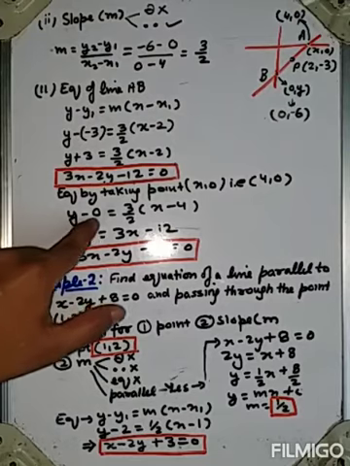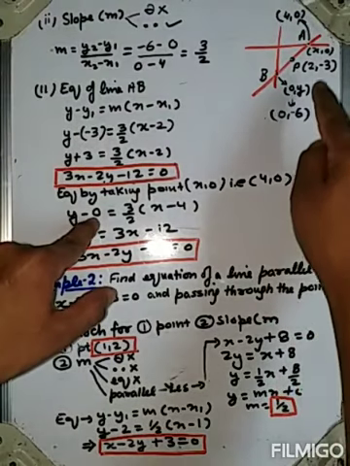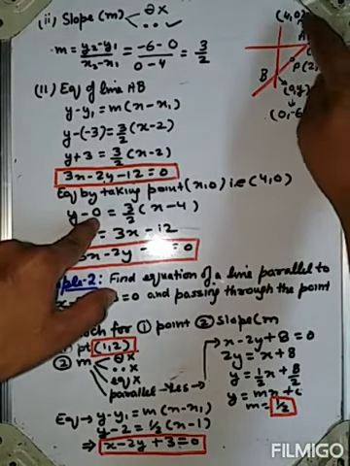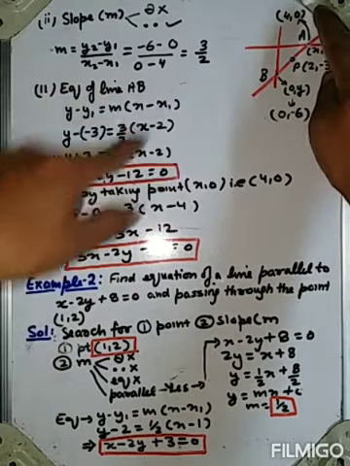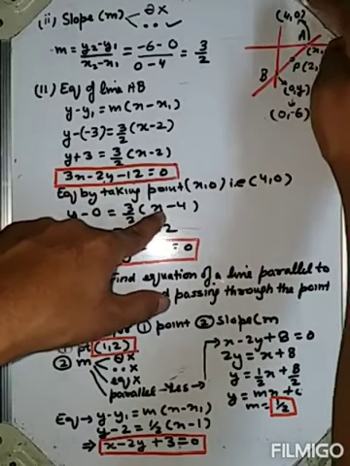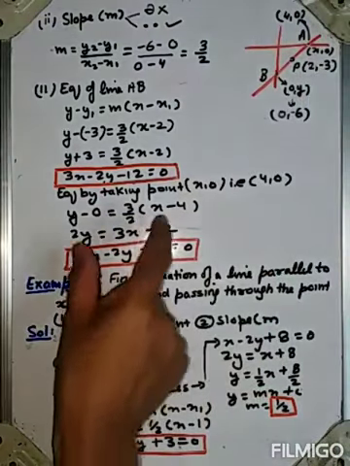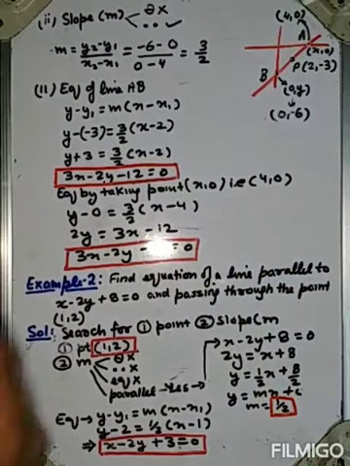Y minus y1, y1 is 0, that is 4 comma 0. M we have taken out. X minus x1, this is 4. So on solving we are getting the same answer.